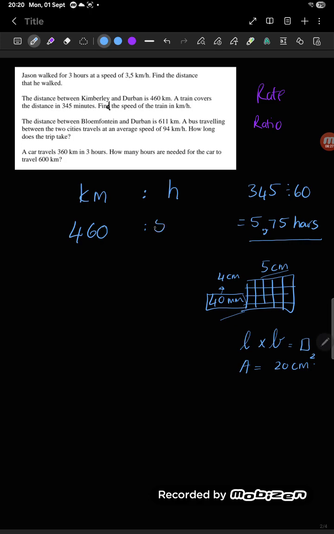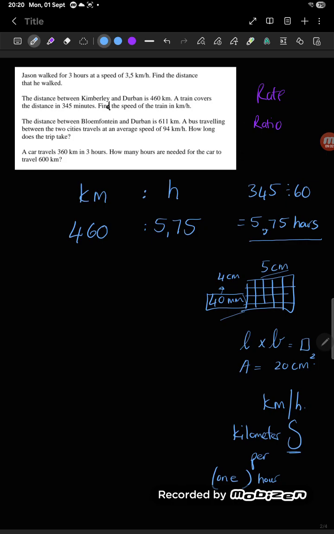So I've got 460 to 5,75 hours. Now, what do I know about kilometers per hour? It's in the words: kilometers per hour, and we don't say it, but it's kilometers per 1 hour, and kilometers in terms of plural, or in terms of lots.